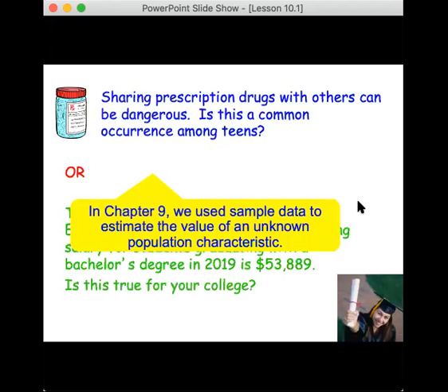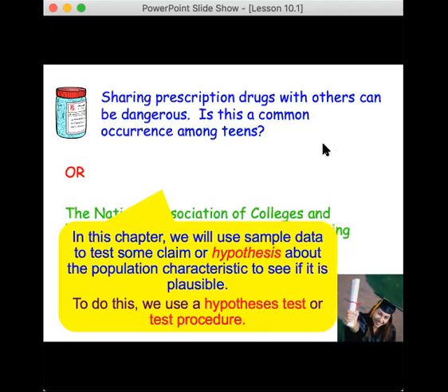Okay, so in chapter 9, what we did was we made confidence intervals, right? We took a sample and we made a confidence interval to try to catch the population mean or the population proportion. All right, so that was chapter 9.